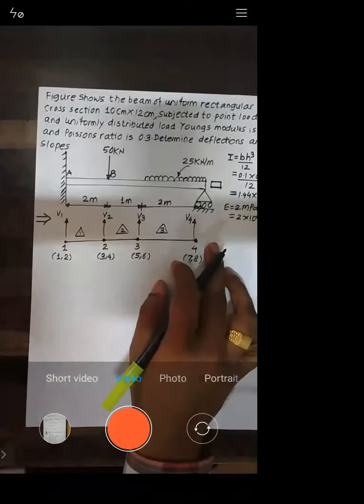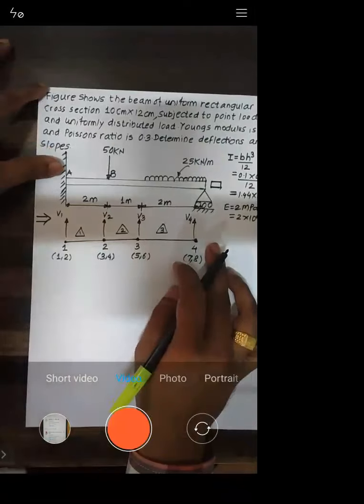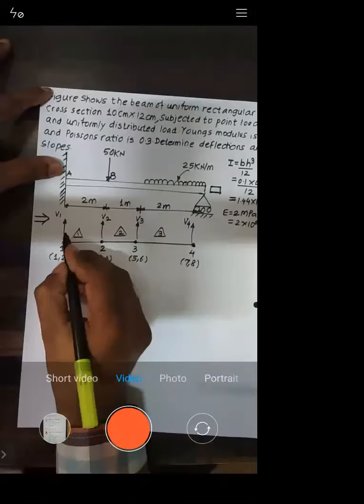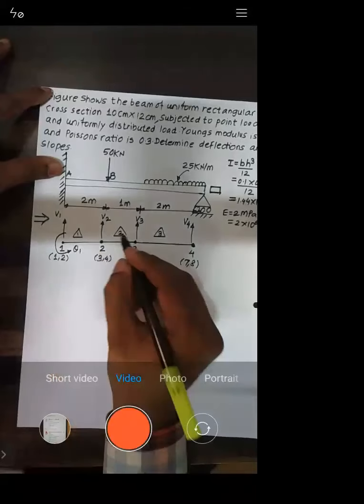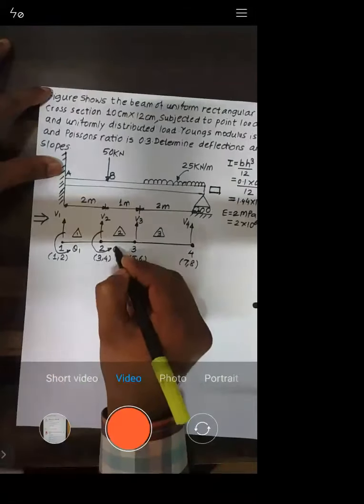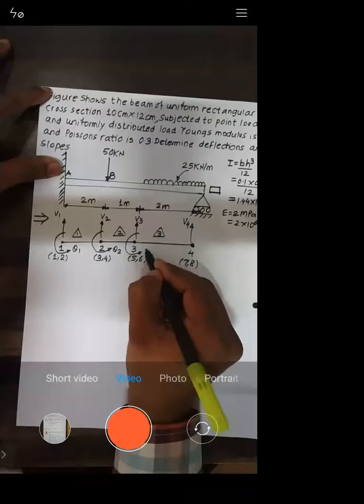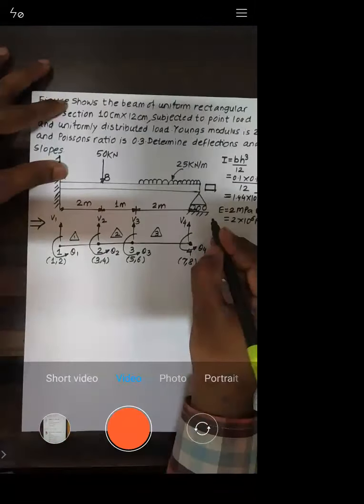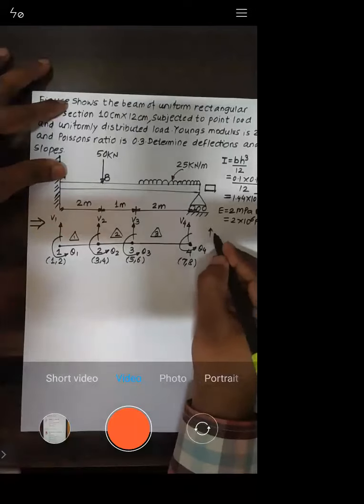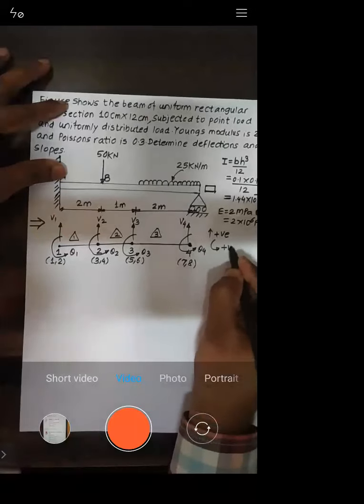Similarly, each node will have angular displacement: theta 1, theta 2, theta 3, theta 4. I made this diagram with the assumption that upward is positive and anti-clockwise is positive.